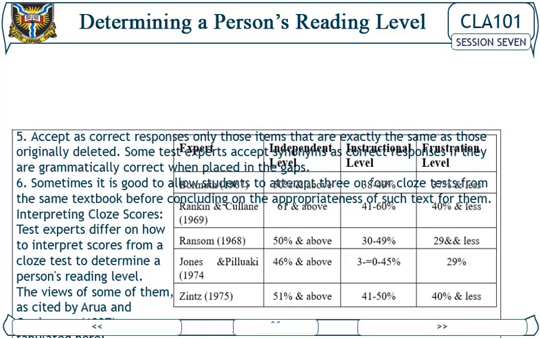Interpreting class scores. Test experts differ on how to interpret scores from a class test to determine a person's reading level. The views of some of them, as cited by Arua and Onukaogu, 1997, are tabulated here.